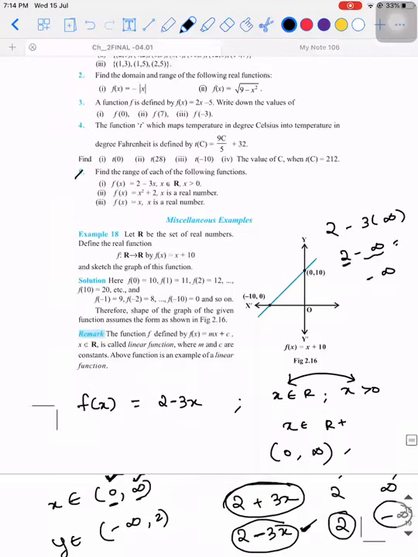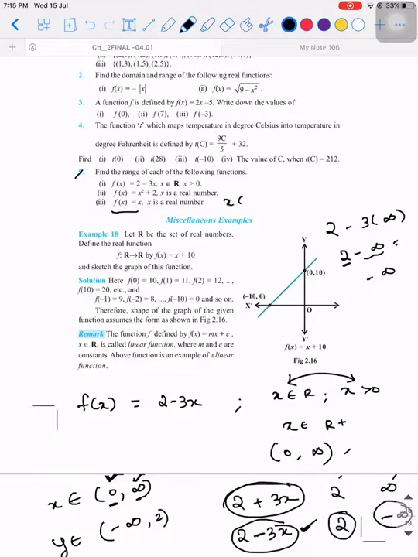f of x is equal to x, where x is a real number. So what will be the range? f of x is equal to x is an identity function. So for an identity function, what will be the range? 0 to infinity? No, what is the least value you can substitute?